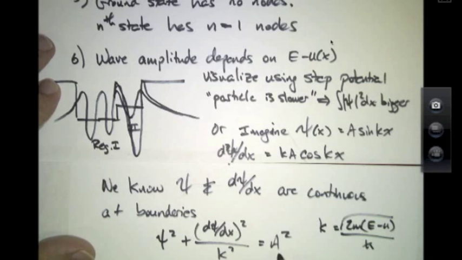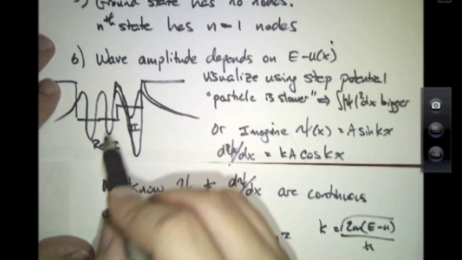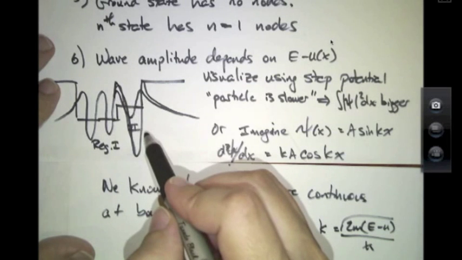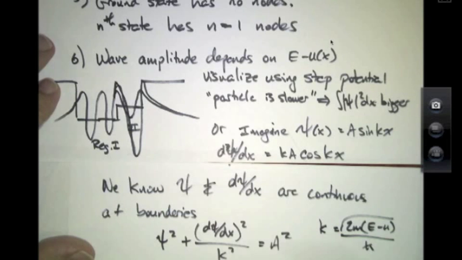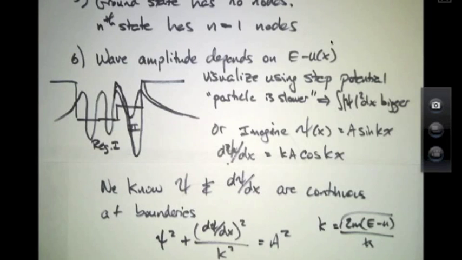Therefore, a should be discontinuous. k is in fact going to shrink. If k shrinks, that means a increases. So the amplitude has to be larger in this region, region 2, than it is in region 1. So that's another important feature that we're going to come to sketch out correctly more and more.